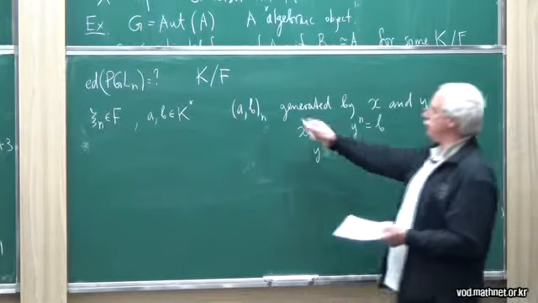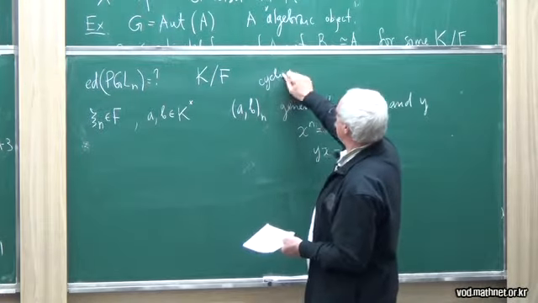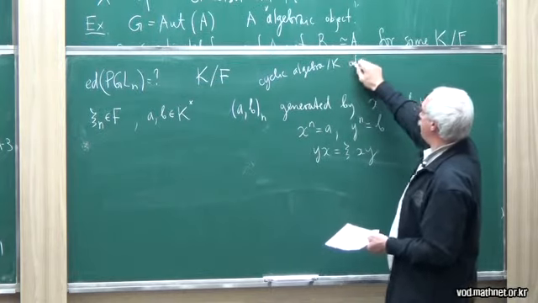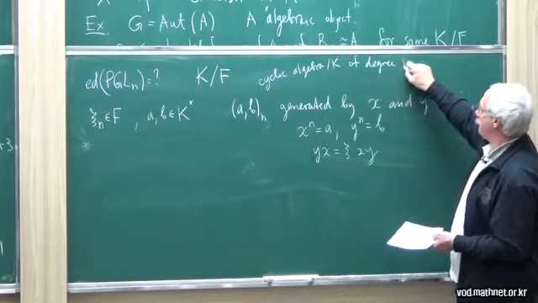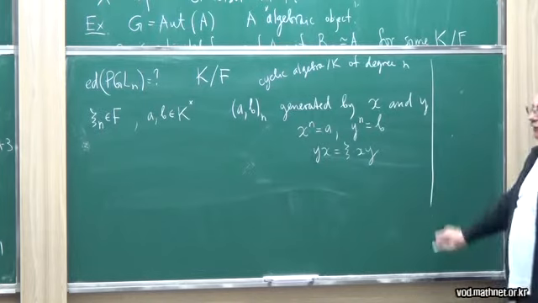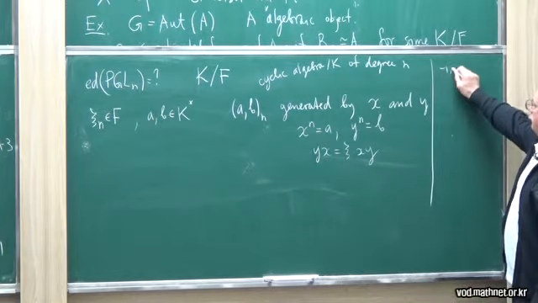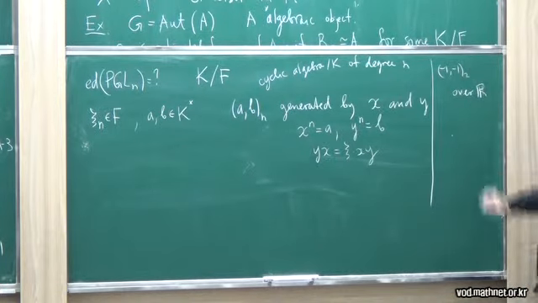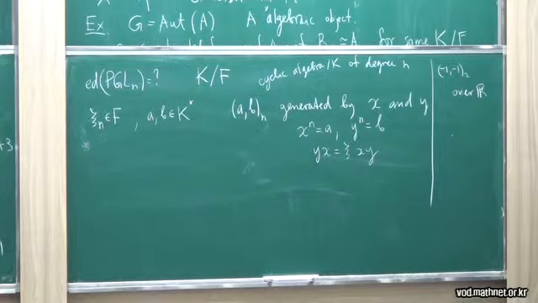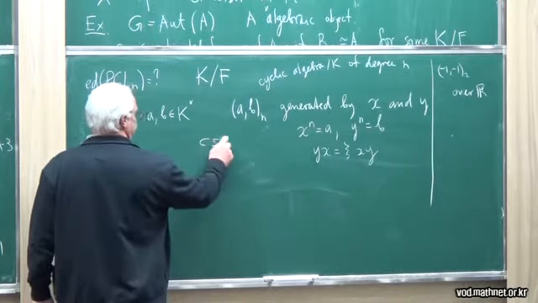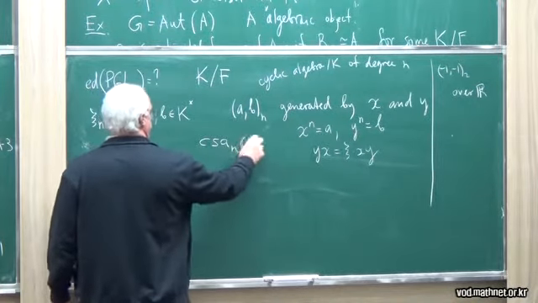Well, such an algebra is called a cyclic algebra over K of degree n. Well, I think everyone recognizes the classical quaternion algebra (-1, -1) over the reals. This is the classical quaternion algebra, and it is an example of a cyclic algebra. It is a central simple algebra of degree n over K.